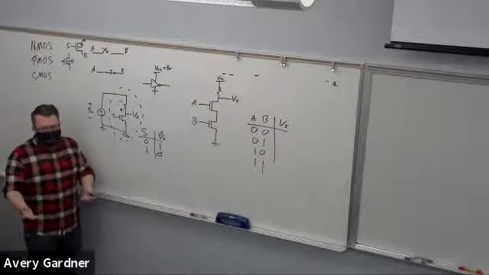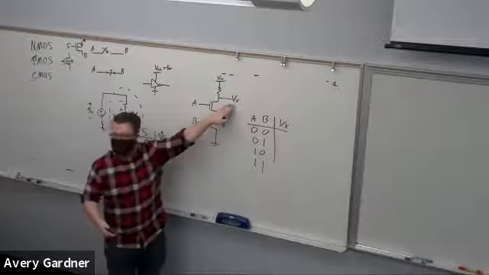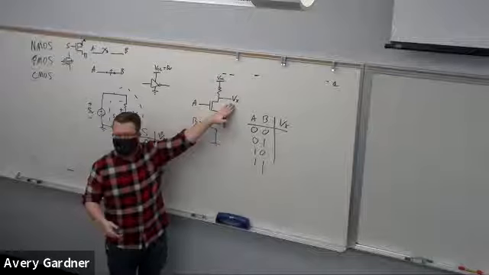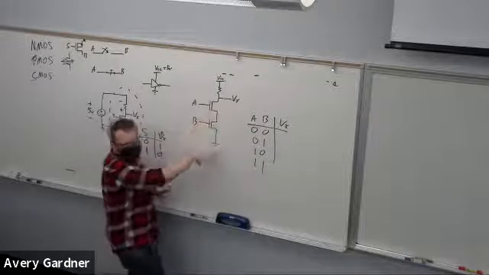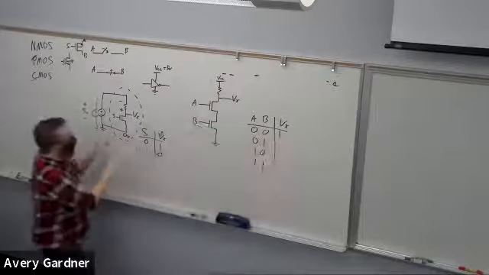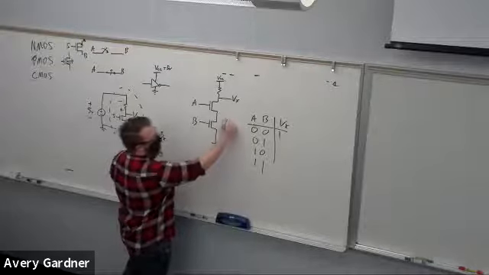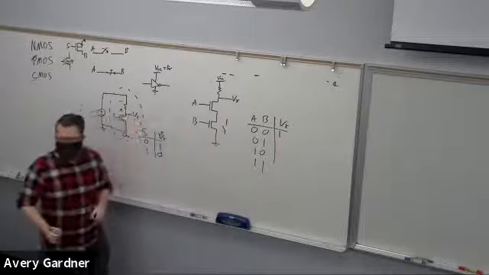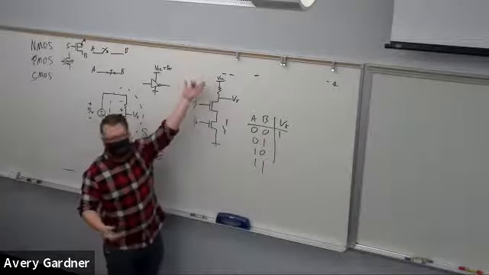Yeah, there's no current flowing. So what is Vx? 1. It's high because it can't get to ground, so it can't be 0. Remember that you can draw it like an open switch, broken. Current can't go anywhere, so it's pulled high.